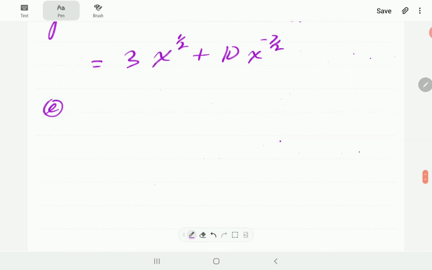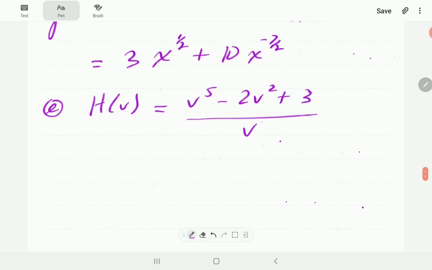Then in E, we have h of v given by v to the power 5 minus 2v squared plus 3, all divided by v cubed. So again, we're going to have to simplify this first.